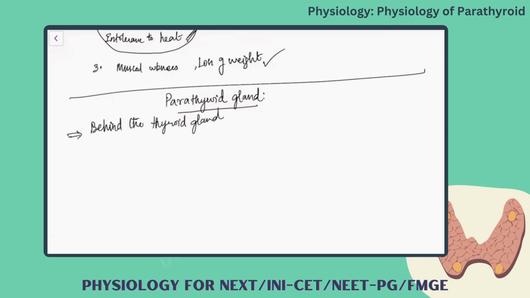Okay. So what are the hormones produced by the parathyroid gland? Parathyroid hormone. Okay.